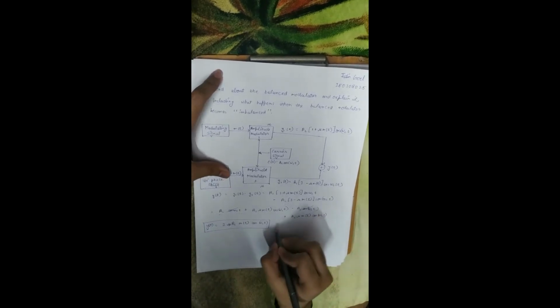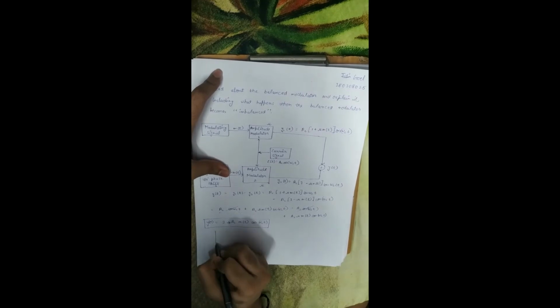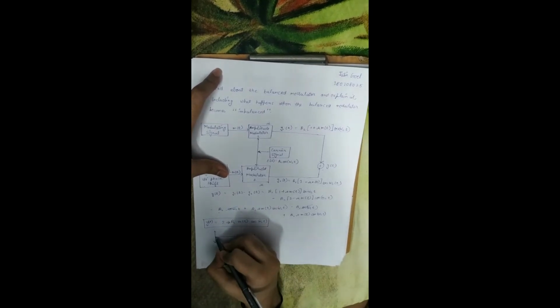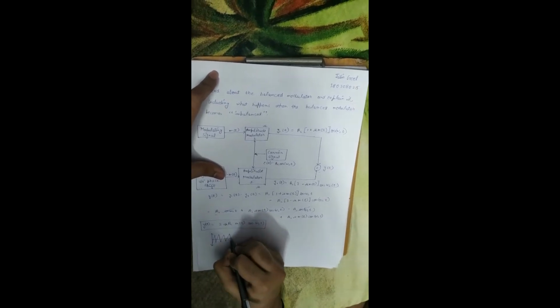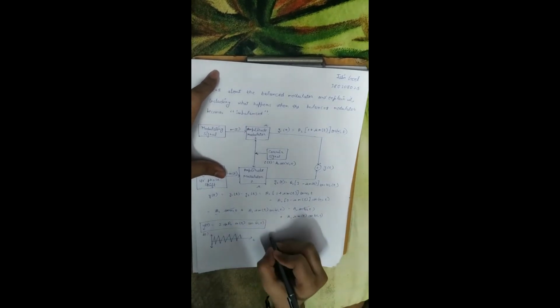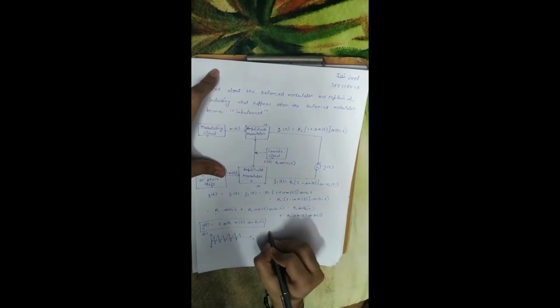So let's say I have a carrier signal as a triangular wave, something like this. This is my Ct, and I have Mt as a sine wave.